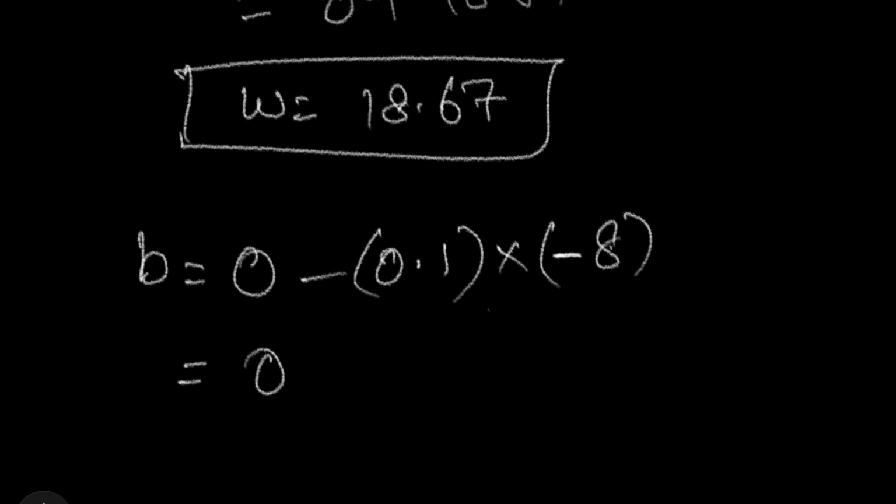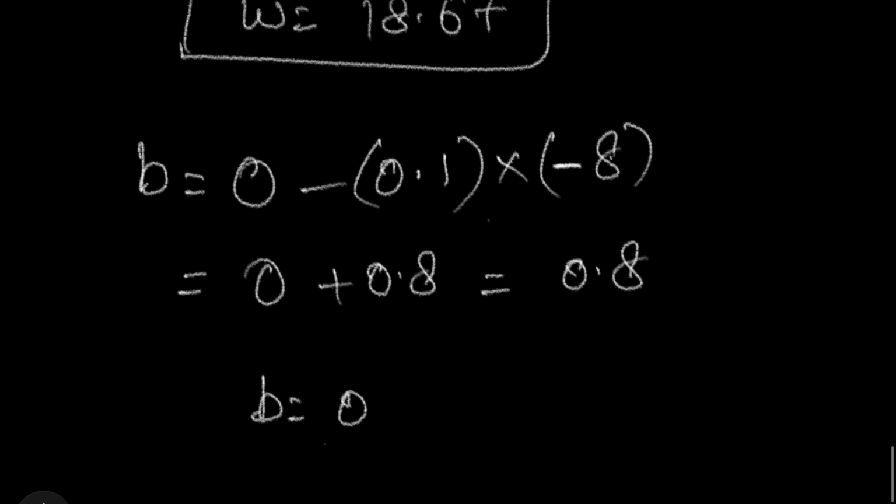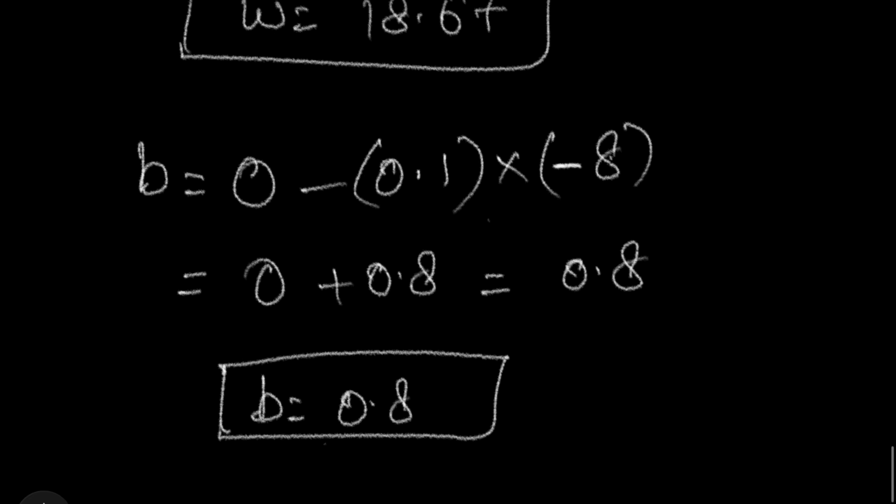So 0 plus 0.8, we will get 0.8. So the new bias value which we have updated is 0.8.